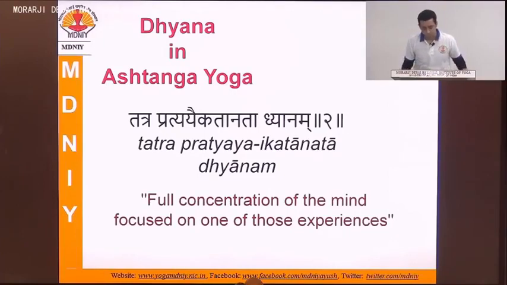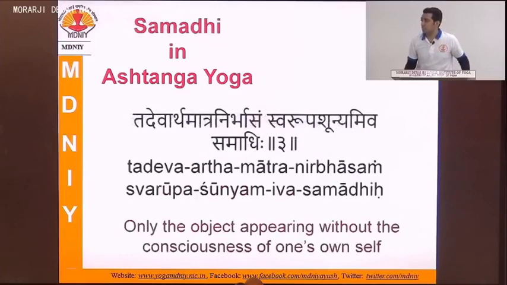But before dhyana, we have to remember what we have told you earlier. And after dhyana, what you will get is the samadhi state. What is samadhi? Only the object appearing with the consciousness of one's own self. It means in dhyana there is the person and that object, and then in samadhi only the process remains, not other things.